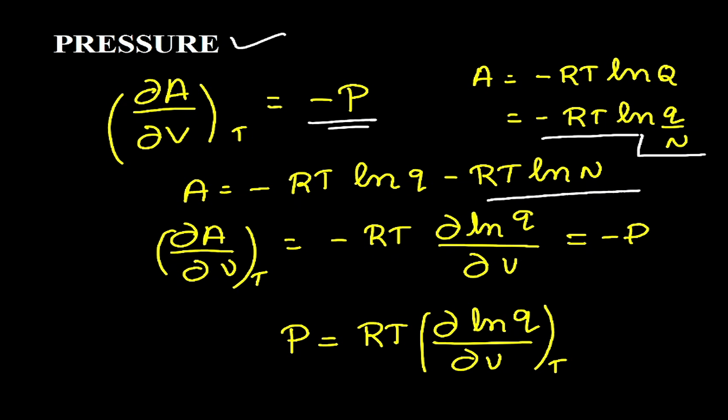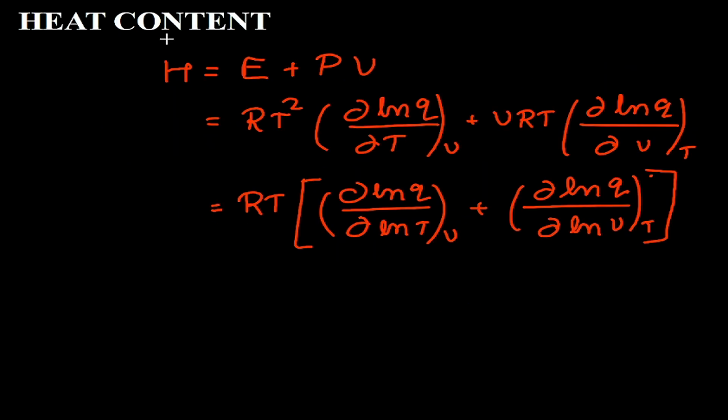So N is constant, so this will become 0, and we are left with minus RT (d ln Q/dV) at constant temperature, and this we know is equal to negative of pressure, so both sides negative will become positive, and hence we are left with P = RT (d ln Q/dV) at constant temperature. So this is the expression for pressure in terms of partition function.